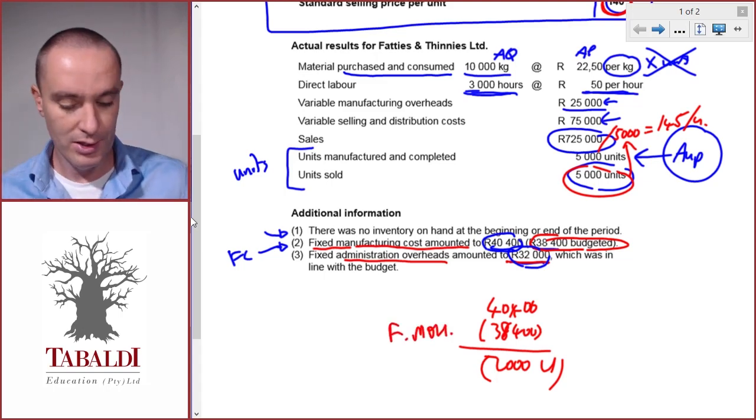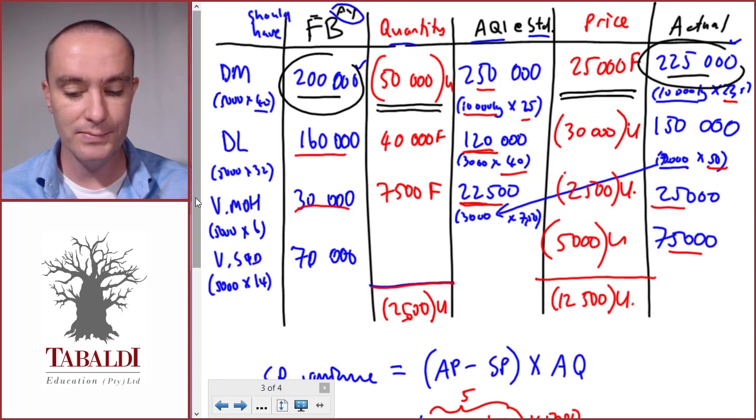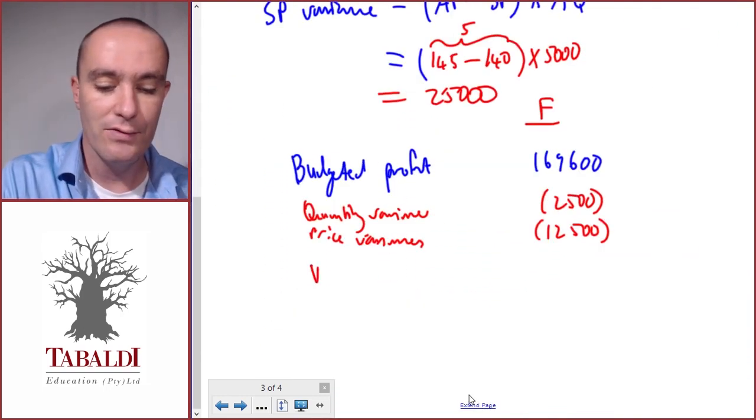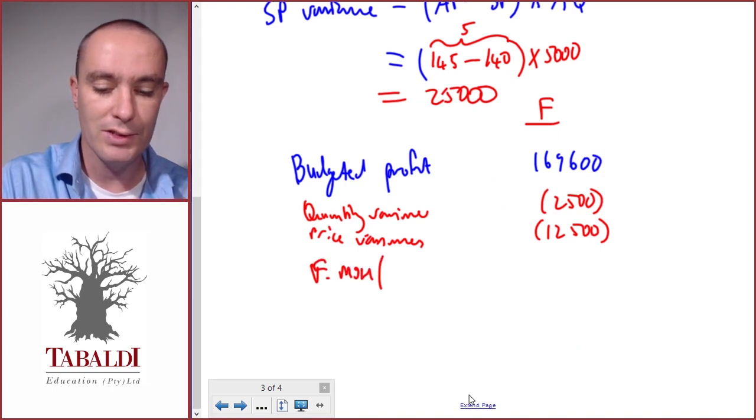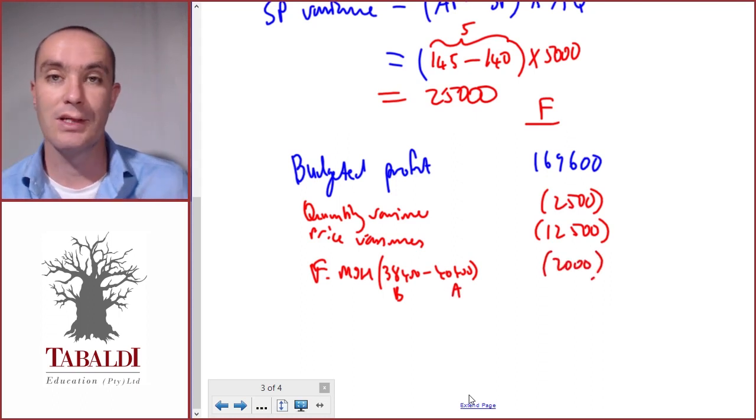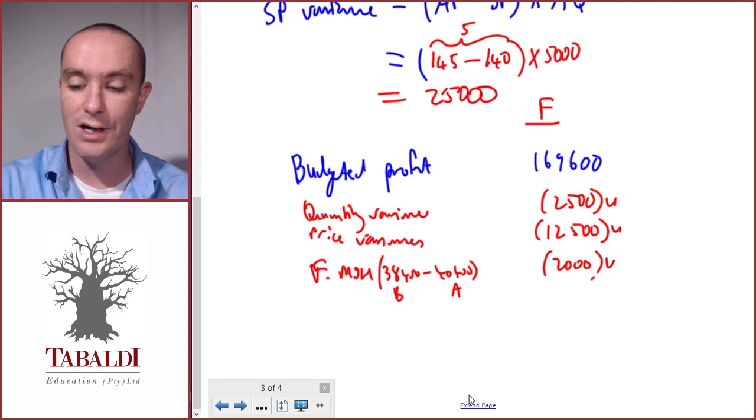You'd need to do this calculation somewhere here. I'm not going to do the calculation again, but maybe let's do it for fixed manufacturing overhead. That was 38,400 less 40,400, the budgeted and the actual, and our spending variance would be 2,000. That's also negative, so all of these are unfavorable.